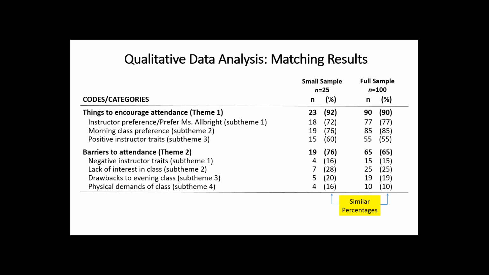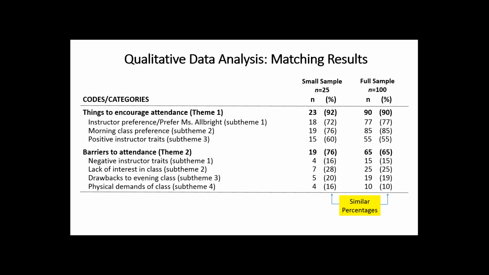Then if you look at the 4 sub-themes for barriers, it's 16%, 28%, 20%, and 16%, and that matches pretty well with the full sample of 100, which is 15%, 25%, 19%, and 10%. So it does suggest that we saw saturation and redundancy early on, as the same percentage of residents indicated the themes and sub-themes pretty closely in the small sample and the full sample.